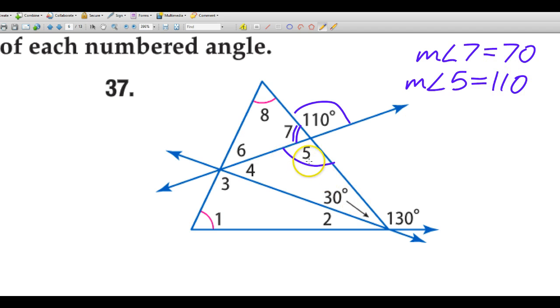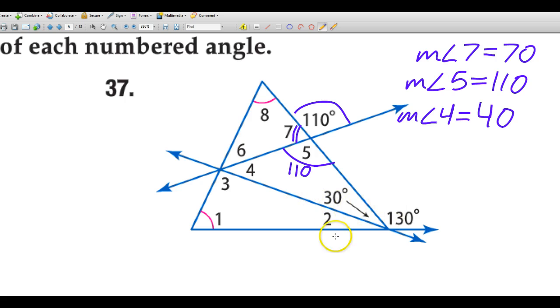Let's see where we can go next. So if 5 is 110, and this angle down here is 30, together that would give us 140. So the measure of angle 4 is equal to 180 minus 140. These two add up to 140, so 180 minus 140 is 40 degrees.